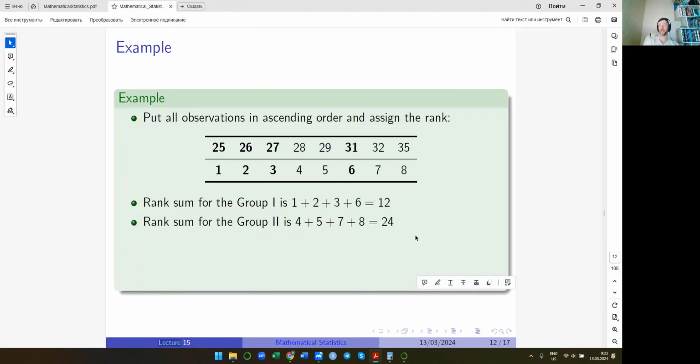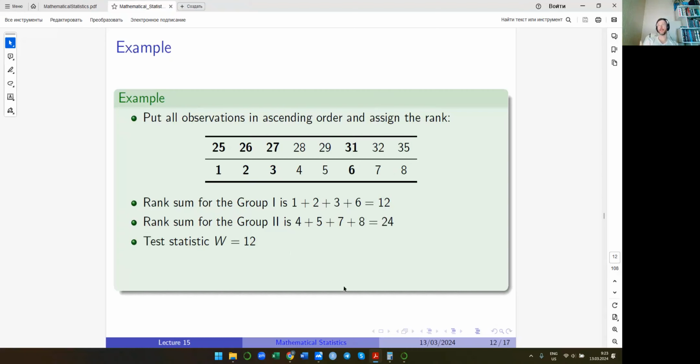The largest possible rank sum is 26. And of course, with the largest or smallest possible rank sums, we would have enough evidence to claim that two distributions are not equal. As a test statistic for the Wilcoxon test, we are taking the rank sum for the first group, for the smallest group usually.